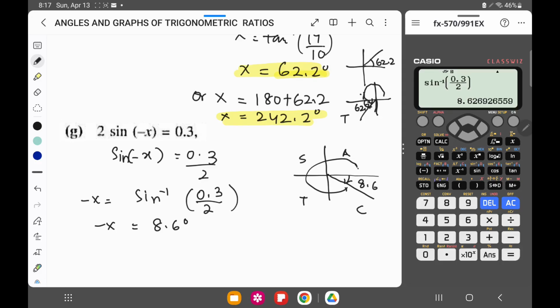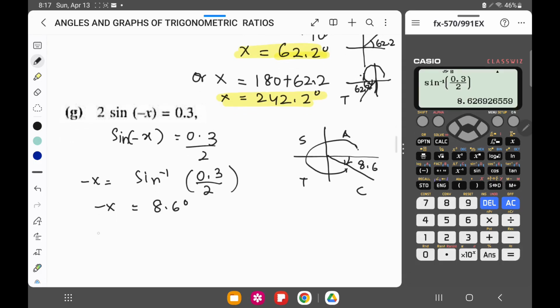That angle will be x is equal to 360 minus 8.6, which is equal to 351.4, because we cannot write down 8.6 since it's in the fourth quadrant. Wherever the cos is positive and we have sine negative, the angle is made here. So that is 351.4 degrees.